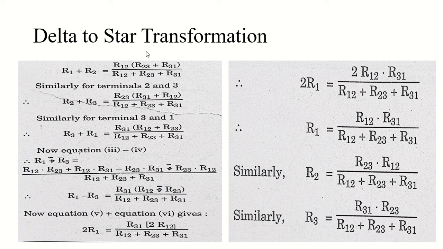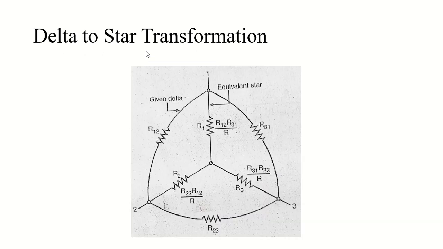If you want to use it in general, you will get sums for star delta and delta star transformations. So if you want to use it in sums, you can find it using that. See, you have this delta connection, you have R31, R12 and R23.